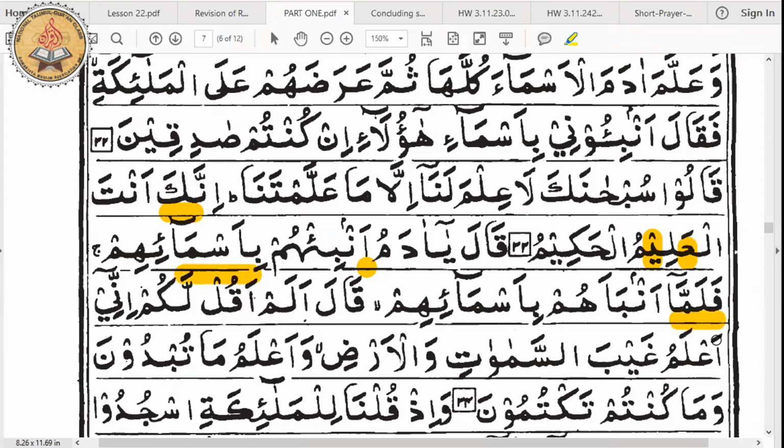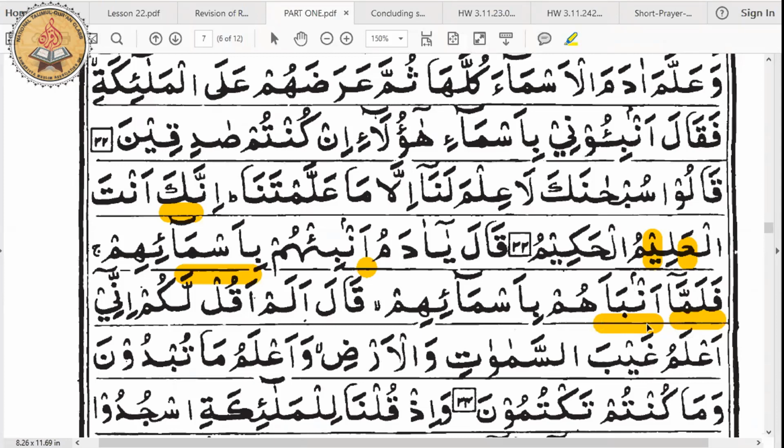Next one. Falamma. So it is mim mushaddad. So do you remember the rule regarding noon mushaddad and mim mushaddad? Okay, no problem. So we will produce a 2 second nasal sound. So it will be falamma. Well done.